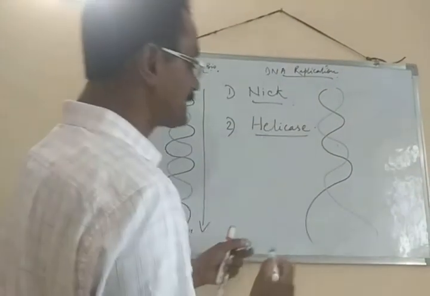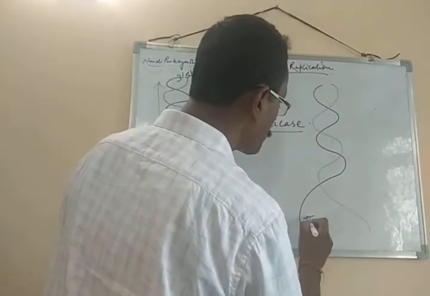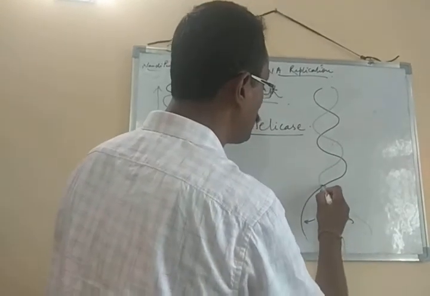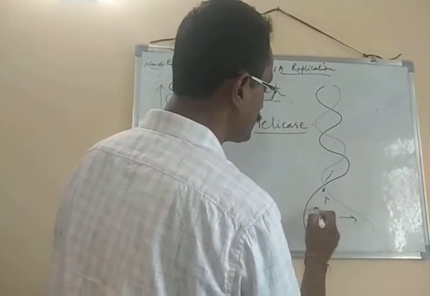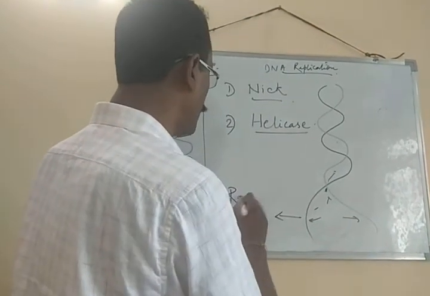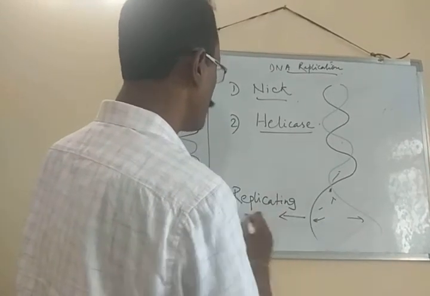What the helicase does is keep on breaking the hydrogen bonds. So these two get separated and it is called the replicating fork.